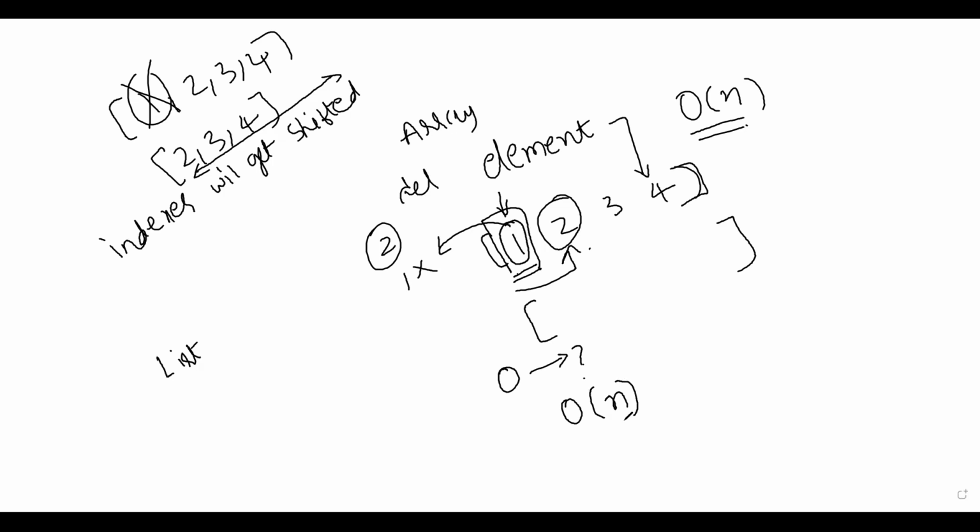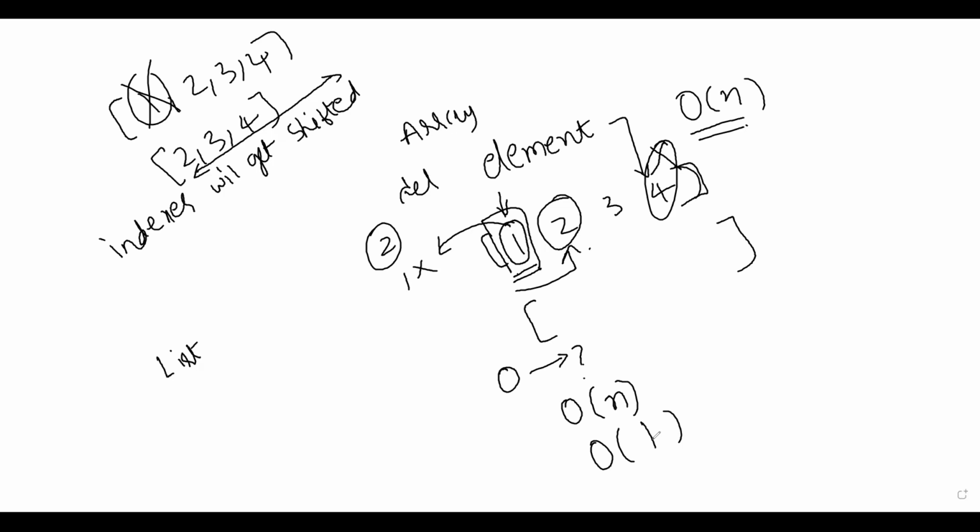There is only one exception: whenever you delete the last element in an array, what would be the runtime complexity? If I delete an element by the last index, yes, O of 1.